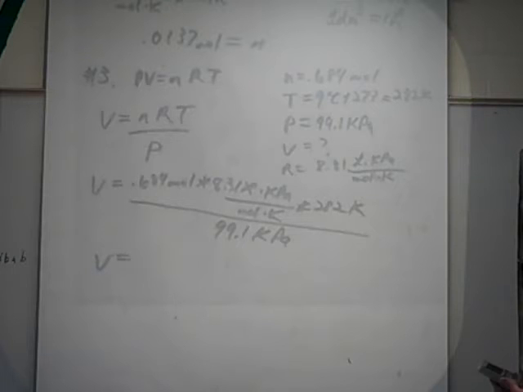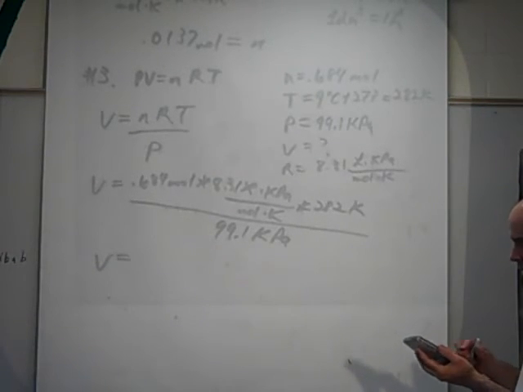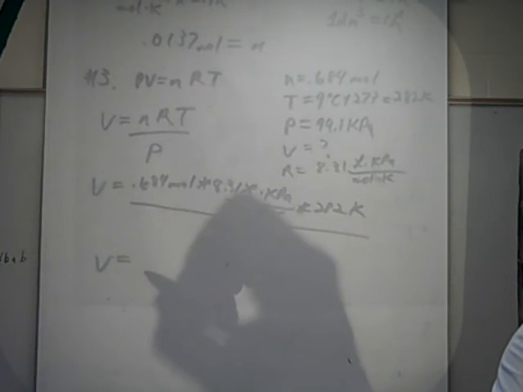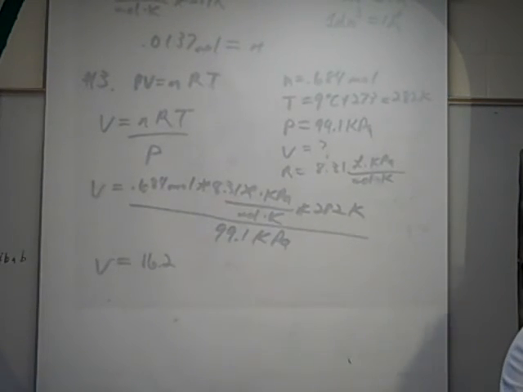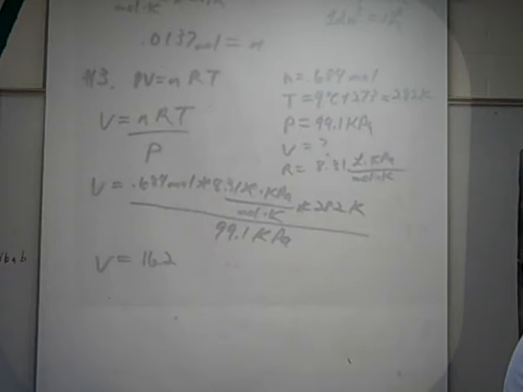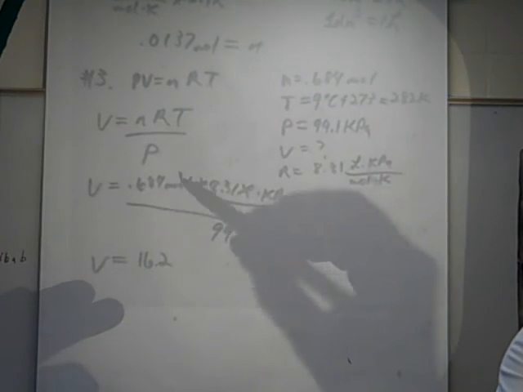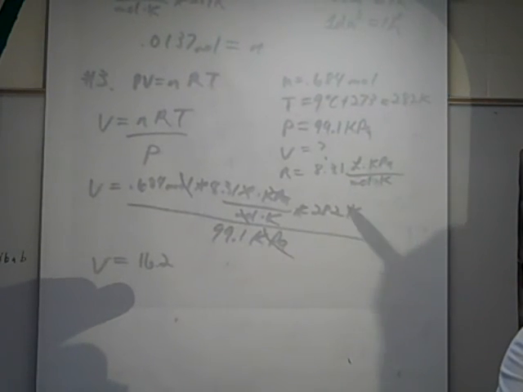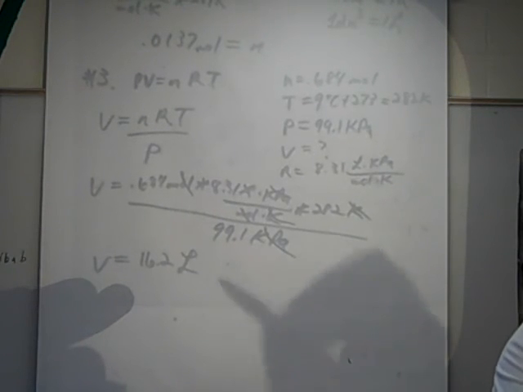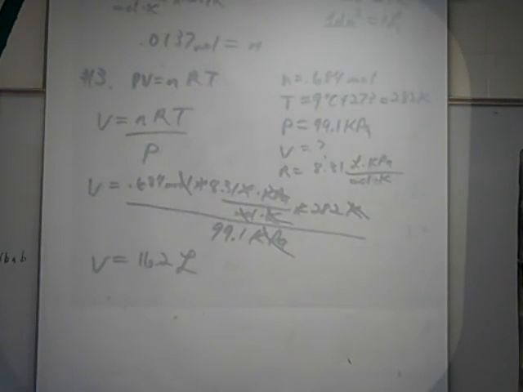I'm going to have 3 sig figs, and I get a volume of 16.2. What are the units? Moles cancel with moles, kPa with kPa, Kelvin with Kelvin. The only unit left is liters, or you can put decimeters cubed. A decimeter cubed is a liter, so it's fine.